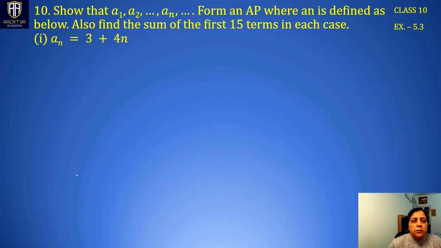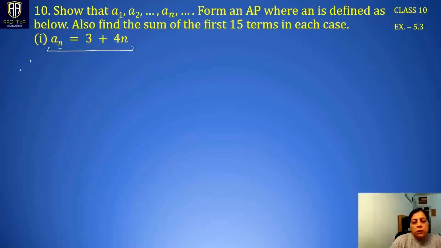Next question says, show that a1, a2, ..., an form an AP where an is defined as below. Also find the sum of the first 15 terms in each case. First of all, we have to prove that the sequence represented by this expression forms an AP. How can we do that?